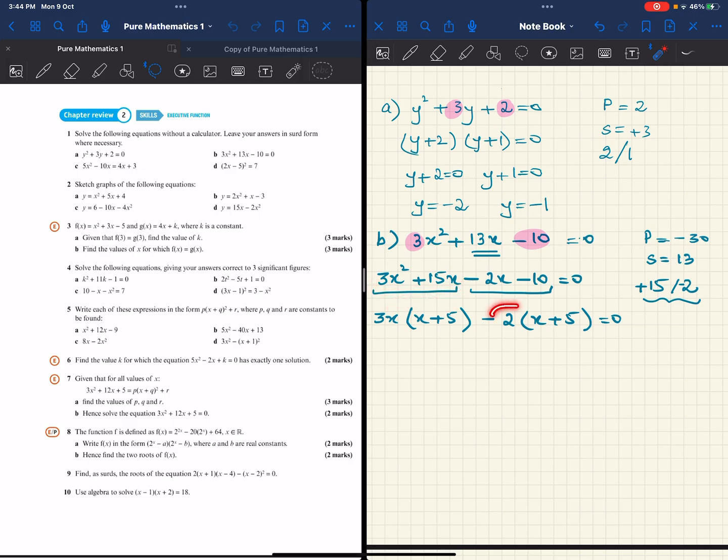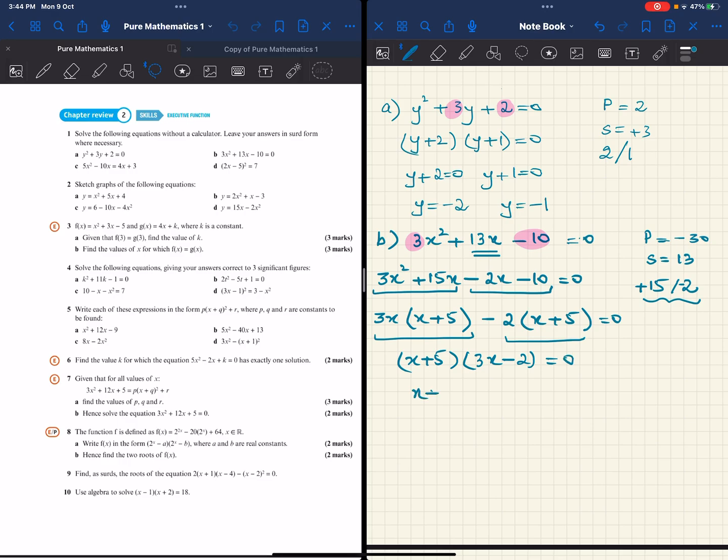So for example, minus 2 into x, minus 2x, minus 2 into positive 5, minus 10. Also these two brackets should be identical. Now again I have two terms, one here and one here. I can take x plus 5 common out and I'm left with 3x minus 2 in the other bracket.